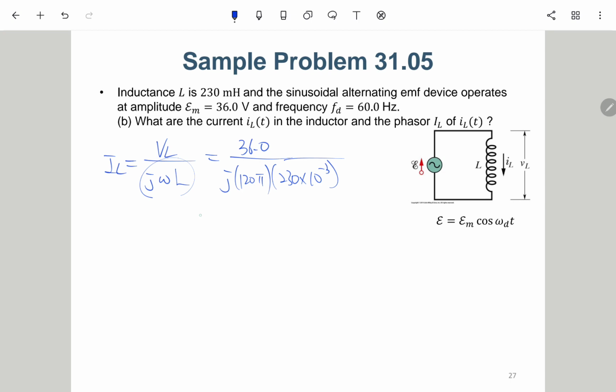This complex number is negative j 0.415. Written in polar form, it becomes 0.415 exponential to j negative pi over 2, so the phase is negative pi over 2.